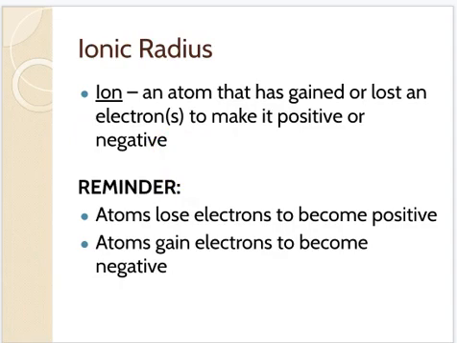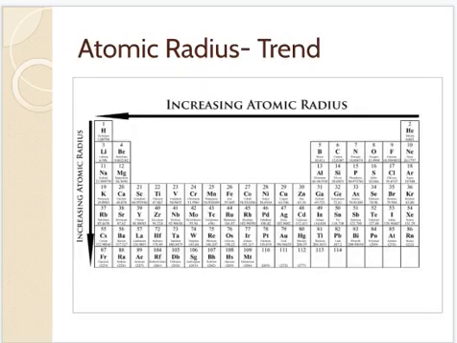When we're talking about the trend for ions, we're going to compare its neutral to its ion. In other words, if I take a look at sodium, sodium is number 11 on the periodic table.